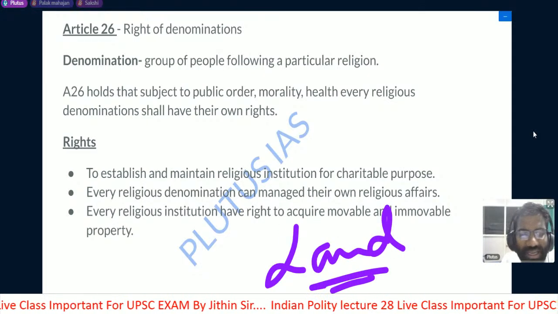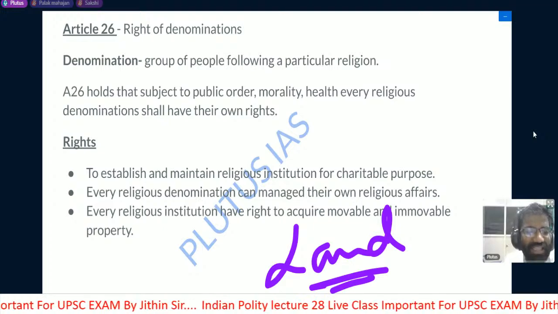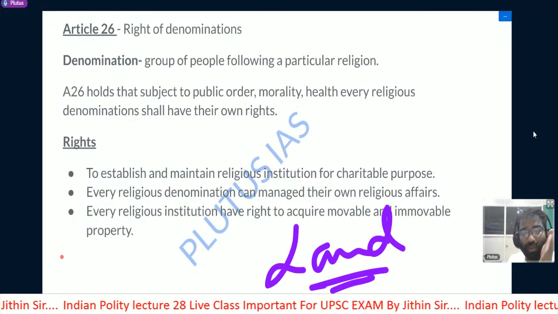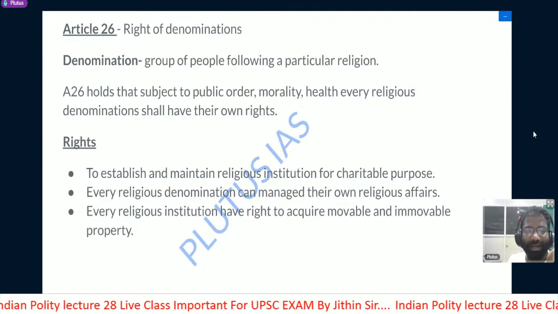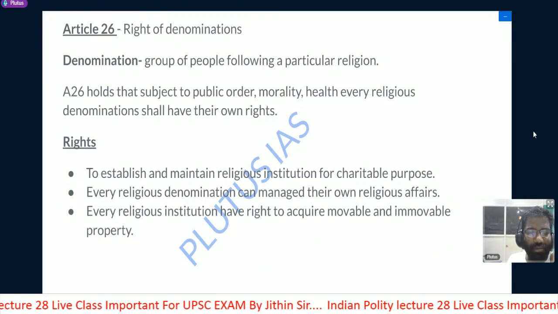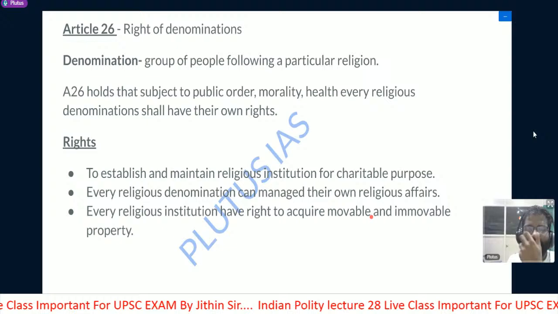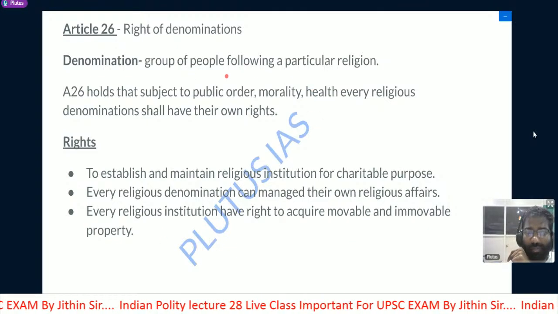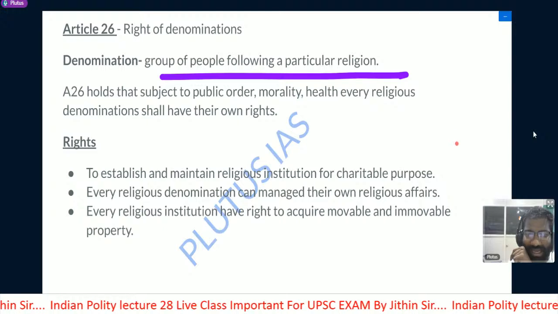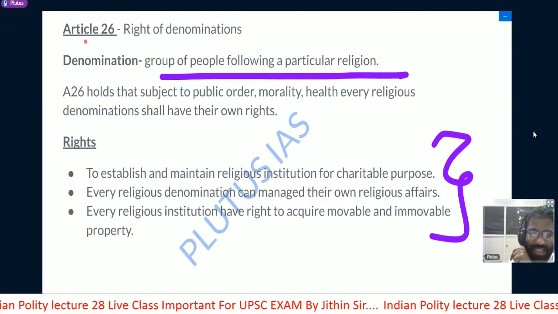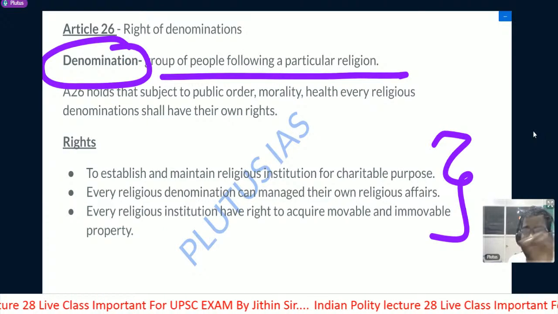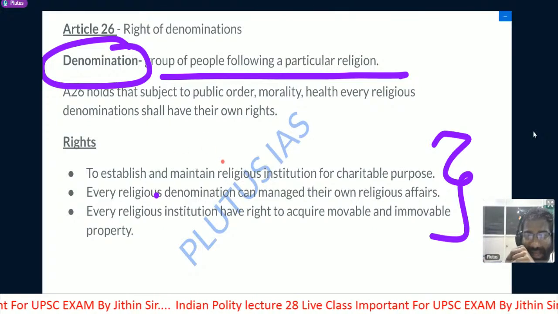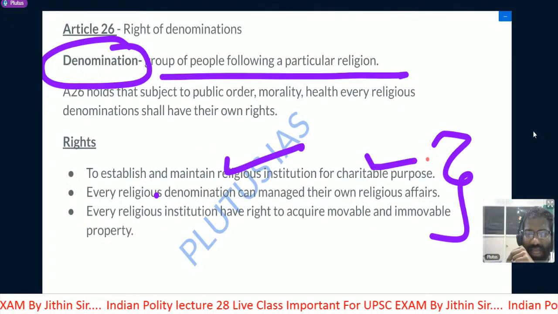So every religious institution can own their movable as well as immovable property. They can build and do everything. A group of people following a particular religion is called a denomination. They can establish their religious institution for charitable purposes.